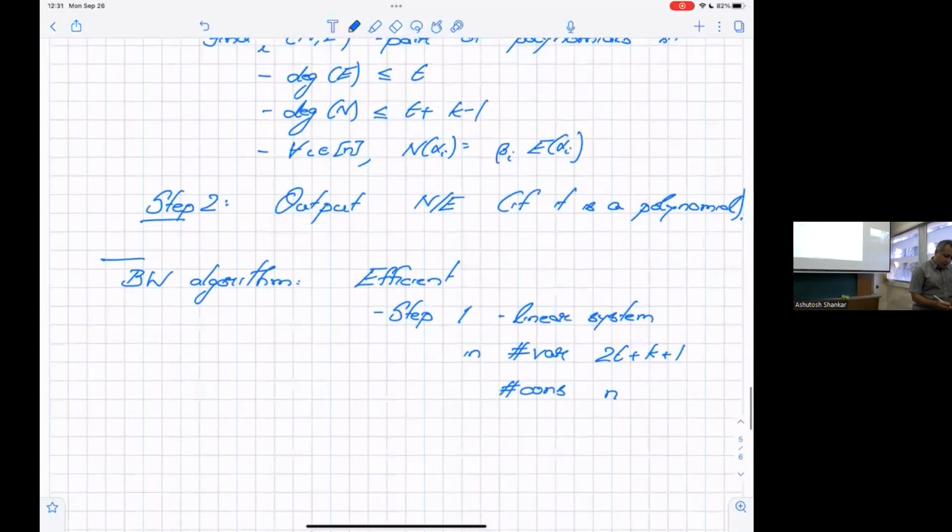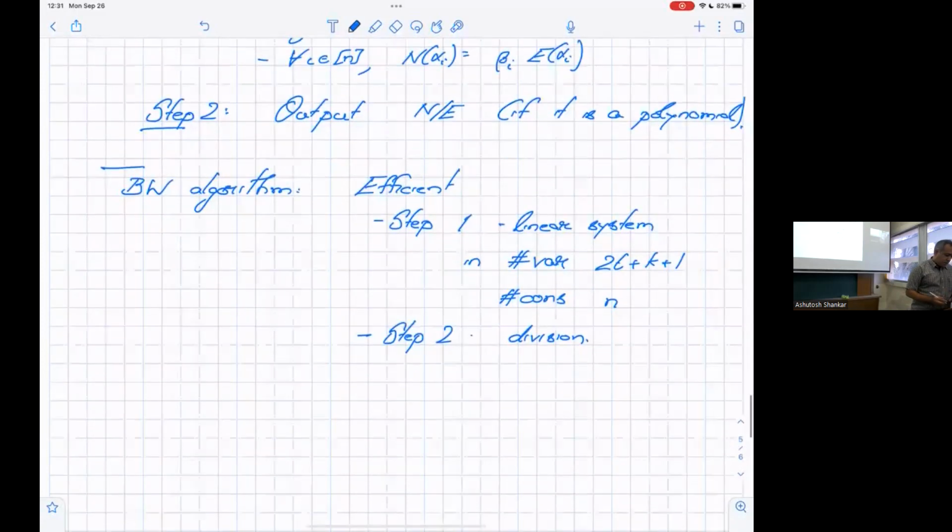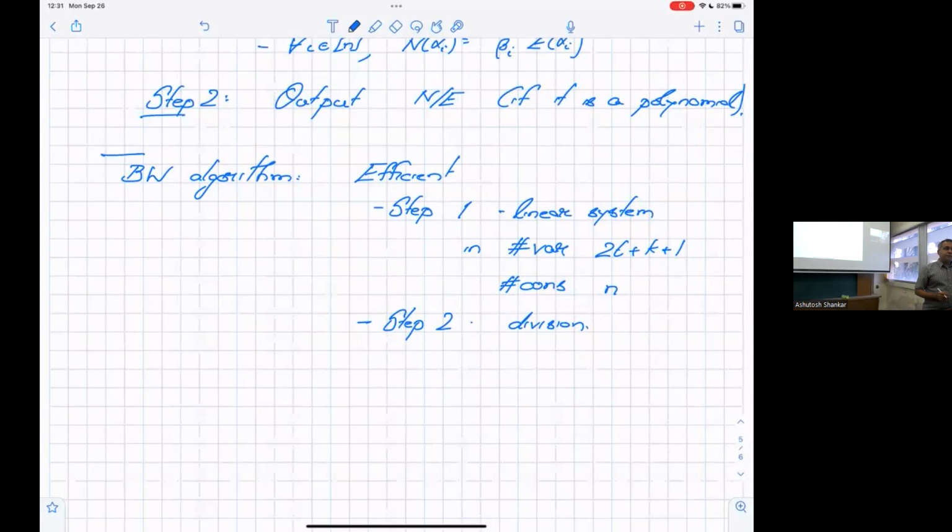So step 1 is efficient. Step 2 is just division, so that's also efficient. N by E: N is a polynomial, and you're dividing it by another polynomial. This quotient could leave a remainder. It's regular polynomial division, not in the finite field.